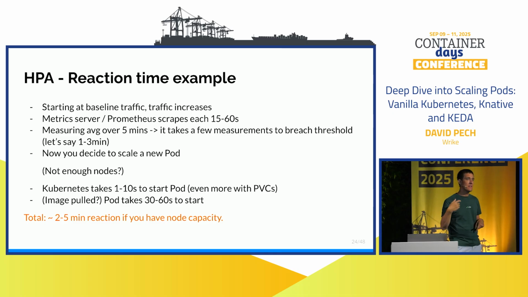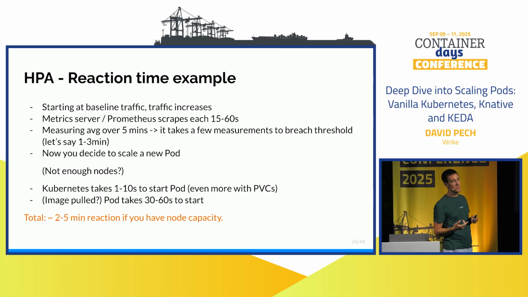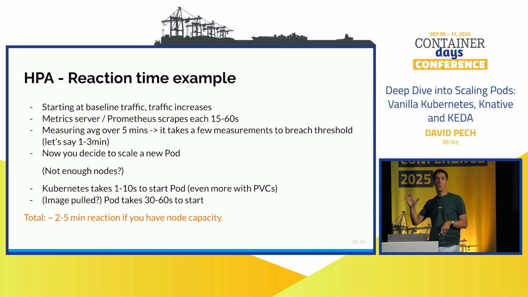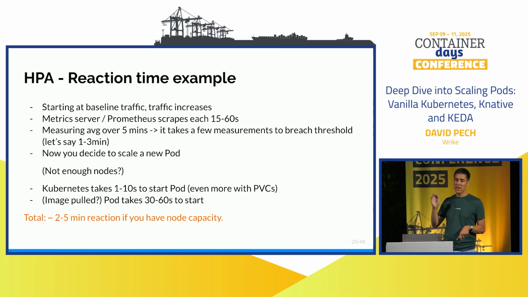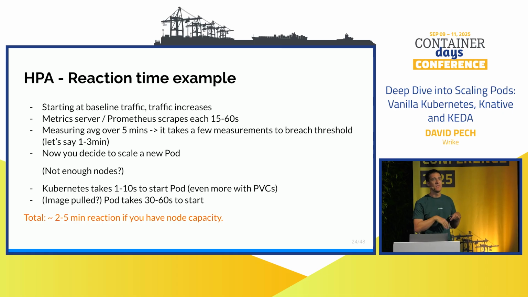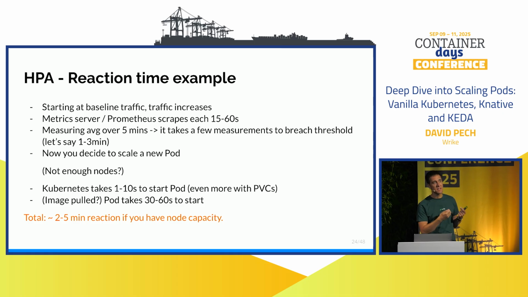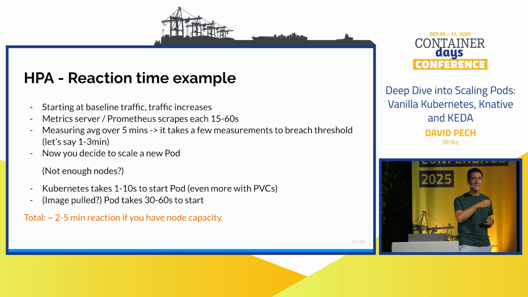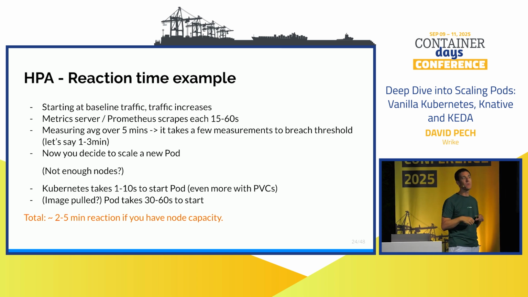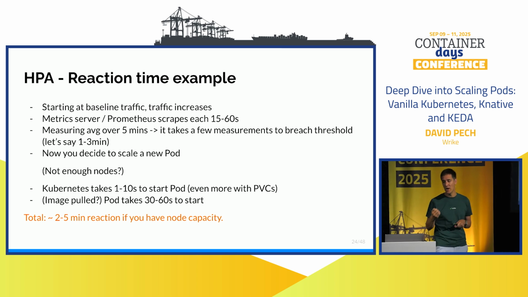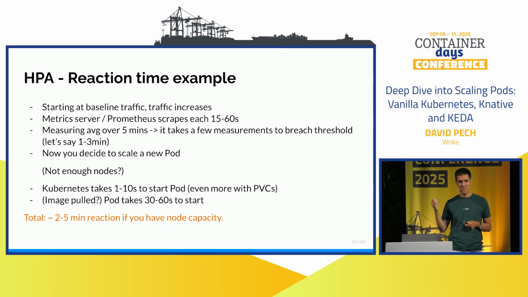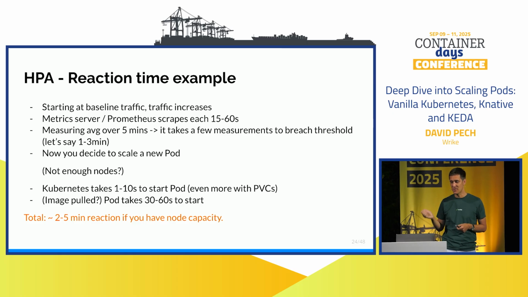When I say that there is a reactive component to the time, what do I mean by it? This is a small example. How much time does it take, without spinning up a node, to react? First of all, the reaction takes some time to progress through the metrics, right? So we probably need several measurements until we decide to scale. Once we decide to scale, it turns out that it's not a one-off to start a container, right?